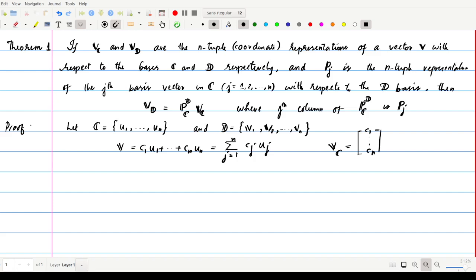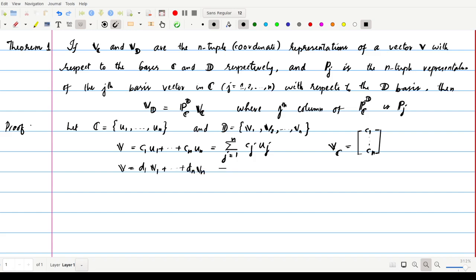So this is the coordinates of V relative to the basis C. Similarly, if we have the same V, we can write this V as a linear combination of v1, v2, etc., vn as well, because that is also a basis of the same vector space. So we write the scalars as d1 v1 plus etc. dn vn, because it consists of the same number of elements.